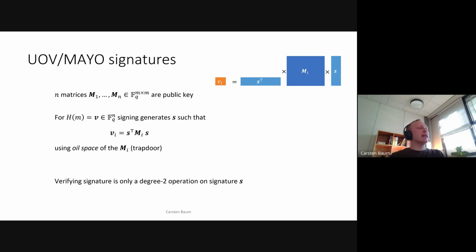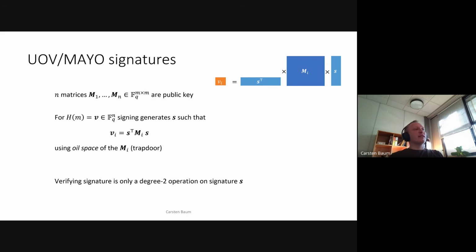And what is a signature? Well, you generate the signature on a message as follows. First, you hash a message, which gives you a vector, and the vector is as long as the number of matrices Mi that you have. And then your signature is actually a solution S, such that S times Mi times S gives you all these Vi values.